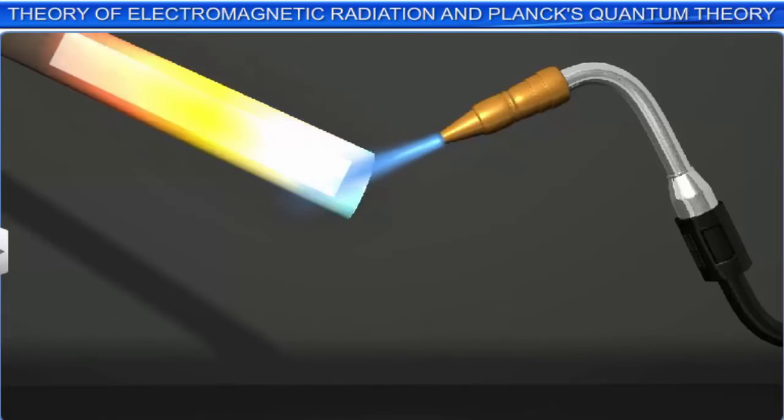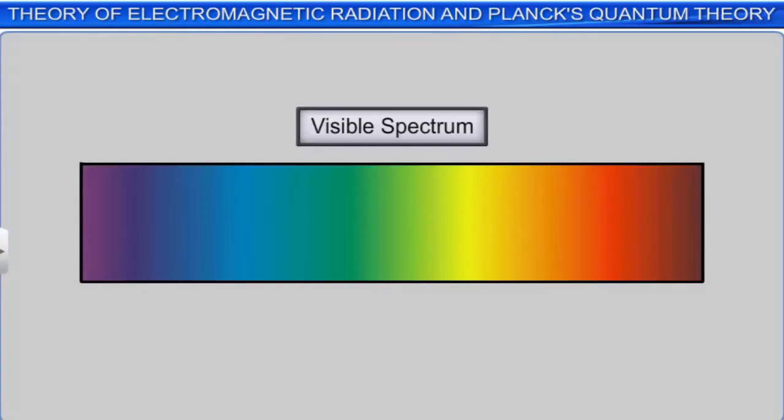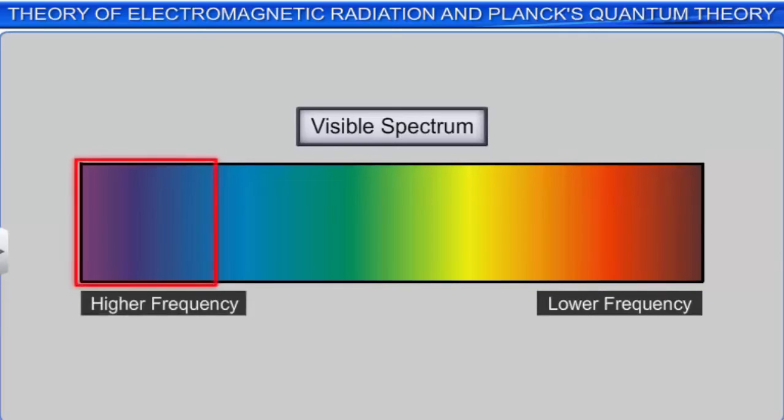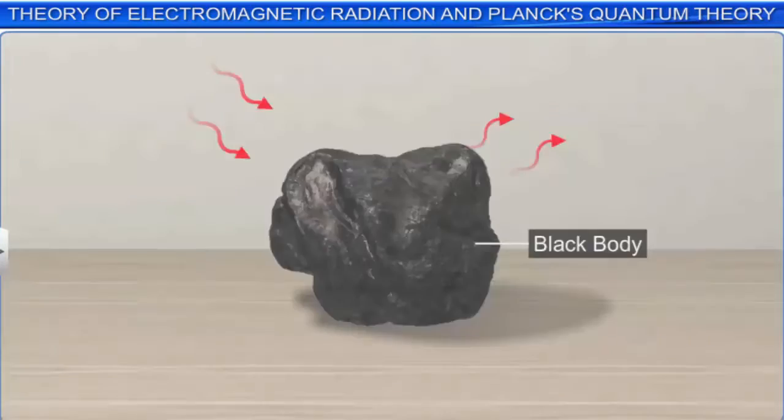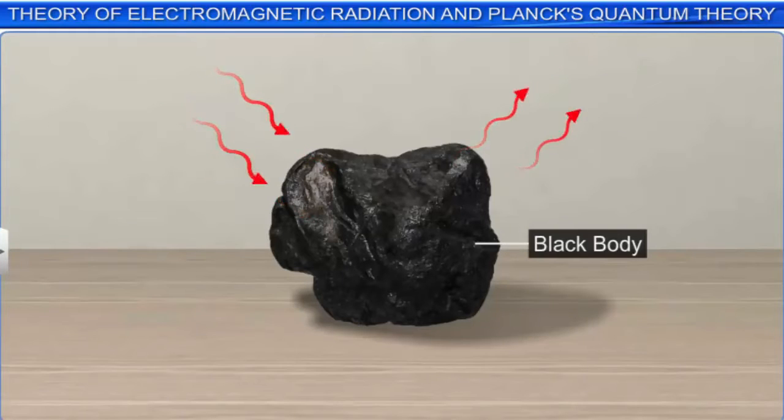This actually shows that the radiation is emitted in the order of increasing frequency, red light being of lower frequency and blue light being of higher frequency in the visible region. On the contrary, an ideal black body is a perfect absorber and emitter of radiation.